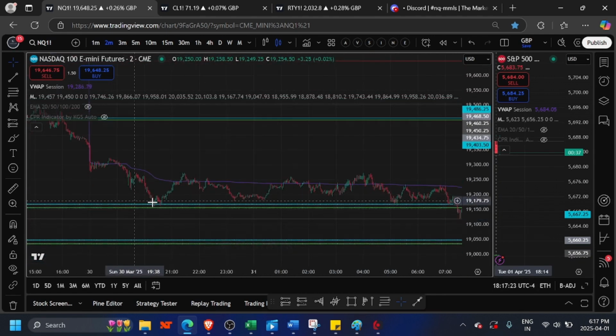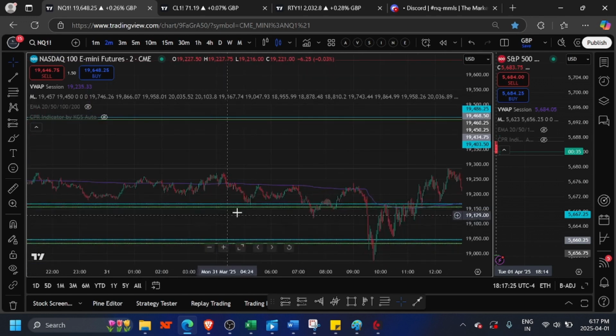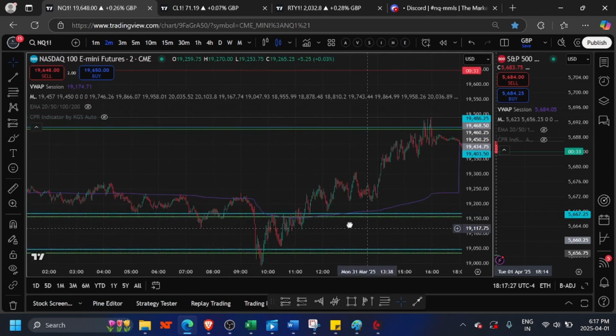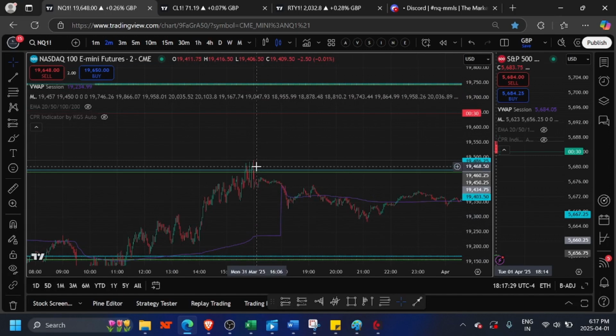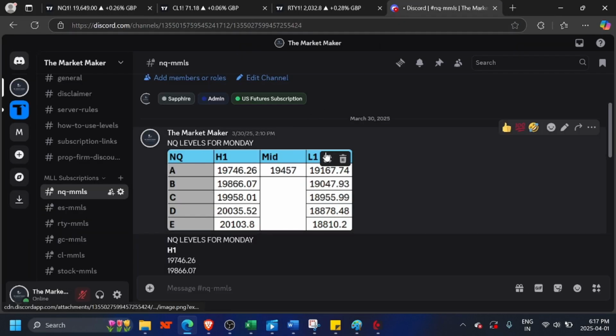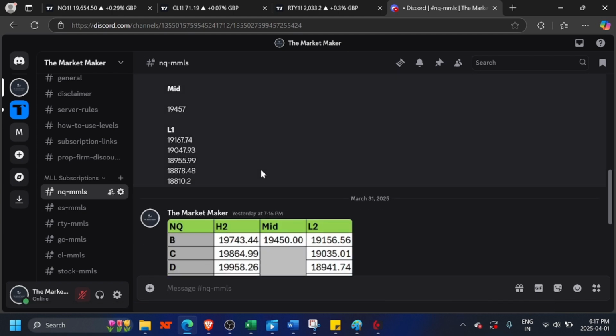So you can see this level, it's this level. It's a pretty solid level. And then all the blue levels were provided. You see, these are all the blue levels. They were provided on Sunday before Monday open.